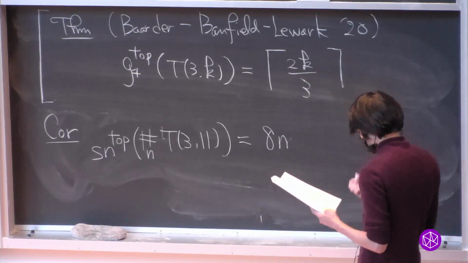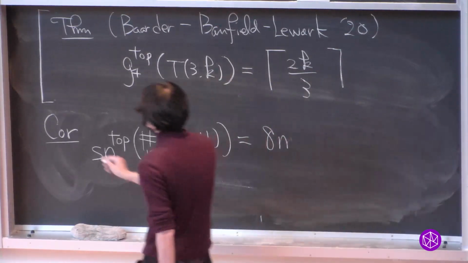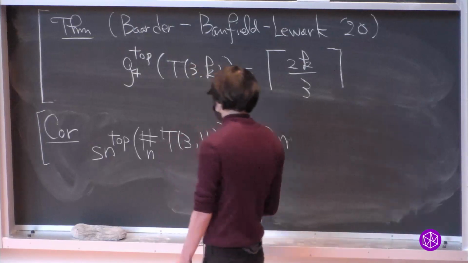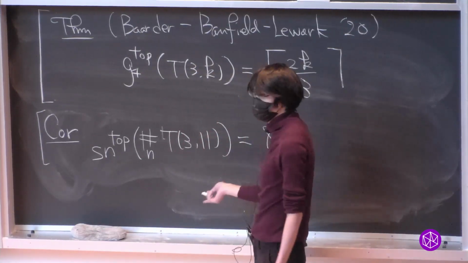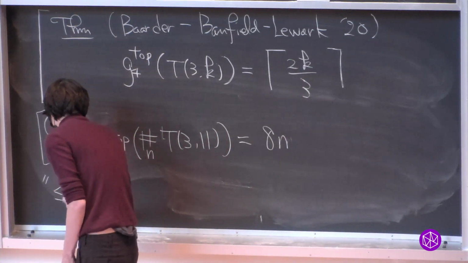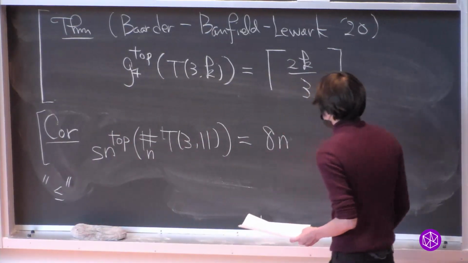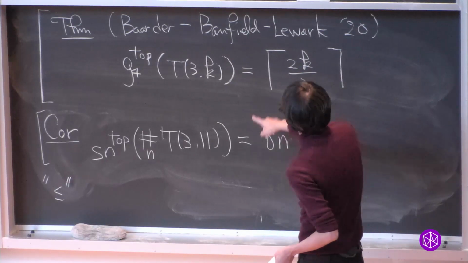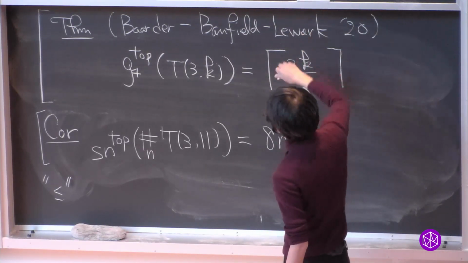Note that the alpha invariant of the T(3,k) knot is 0, so we can define the topological stabilizing number. And so this upper bound for the topological stabilizing number is just given by these two results.